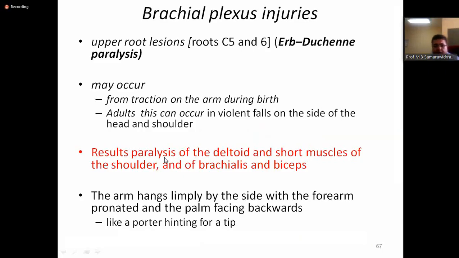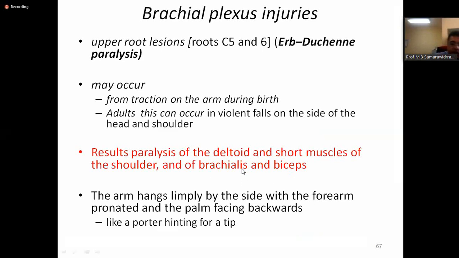These are the things that can happen. There is paralysis of the deltoid and short muscles of the shoulder and of brachialis and biceps muscles. So what happened? Paralysis of the deltoid results in adduction of the shoulder. Abduction is lost. And the resultant short muscle paralysis results in loss of lateral rotation, so the shoulder is medially rotated.